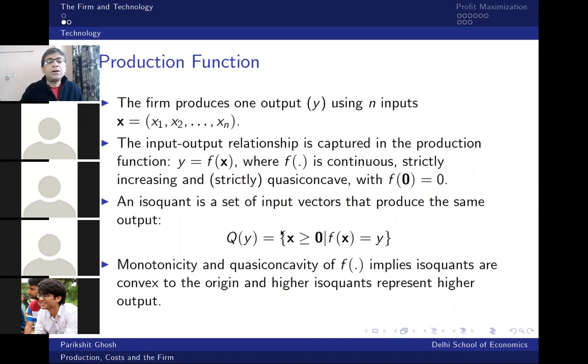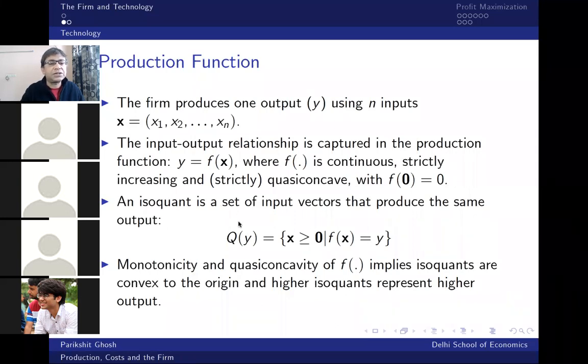Okay, so we can define an isoquant, right? It is the exact correspondence of the indifference curve. What is an indifference curve? It's the set of consumption vectors which produce the same utility. An isoquant is the set of input vectors which produce the same output. Okay, it's exactly mathematically analogous to the indifference curve.